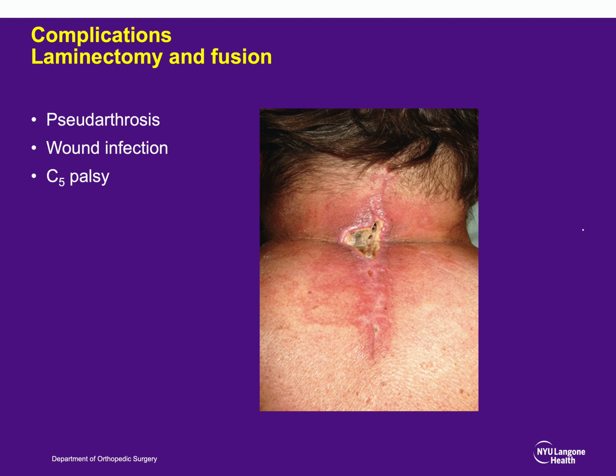Complications of all posterior approaches, whether it's laminectomy alone or laminectomy and fusion, is that it has much higher rate of wound infection. Pseudoarthrosis can also occur, and laminectomy and fusion actually has higher incidence of C5 palsy than the laminoplasty.